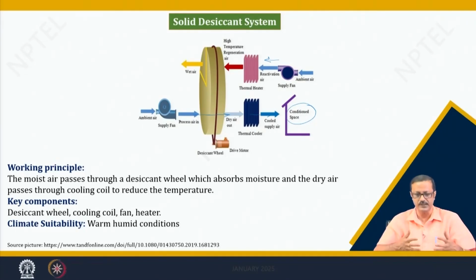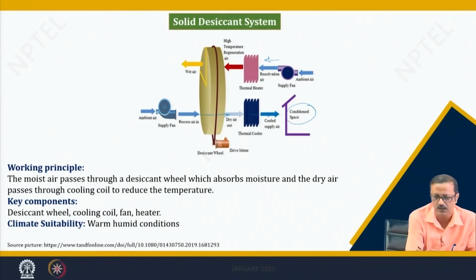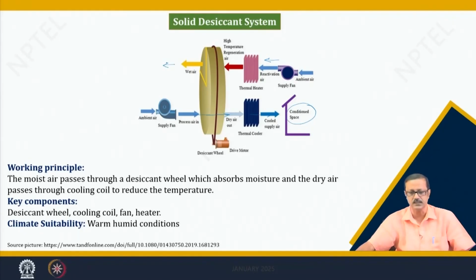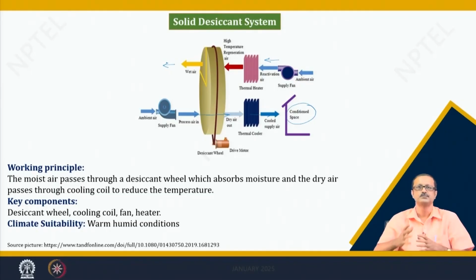It will be somewhere in the lower part, as you see, it has absorbed moisture, and in the upper part, the other part of the cyclic operation, this moisture will be transferred to the air which will be going outside, the wet air outside. So finally it will be hot, and some kind of wet air will be going outside. So, this is the desiccant system. It is a dehumidification kind of system.